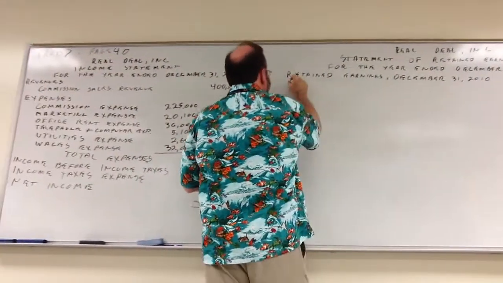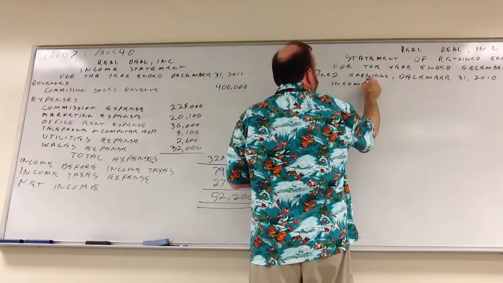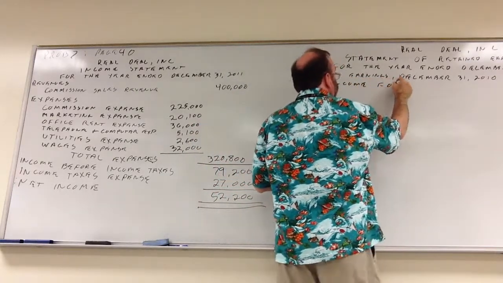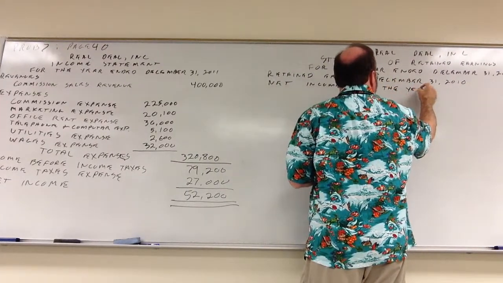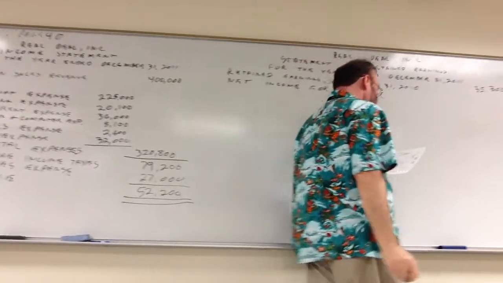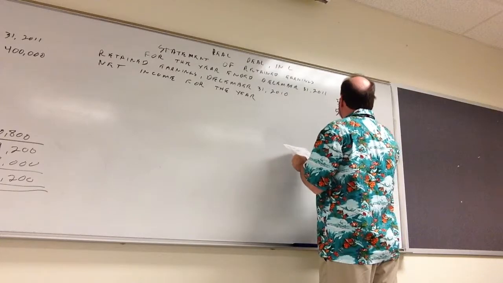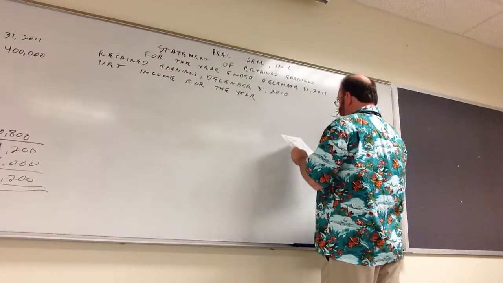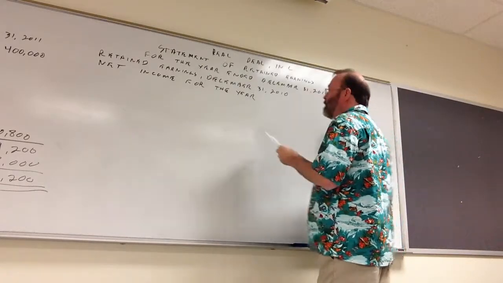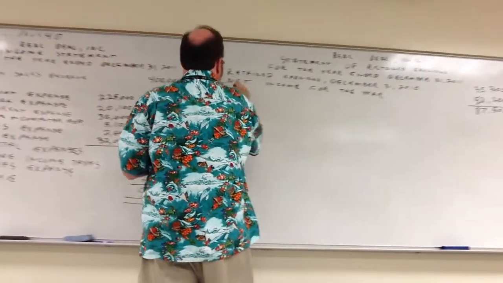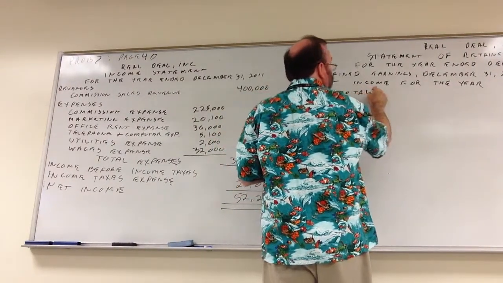To that, we're going to add net income for the year, and we just calculated that at $52,200. That'll give us a subtotal of $87,500.